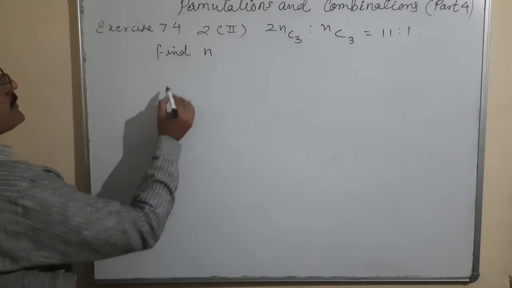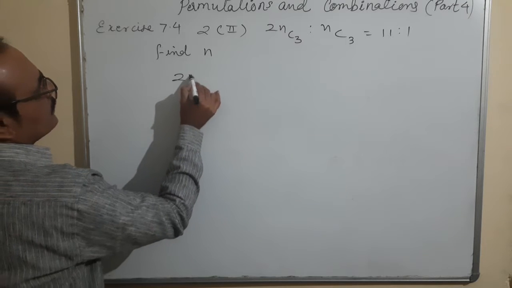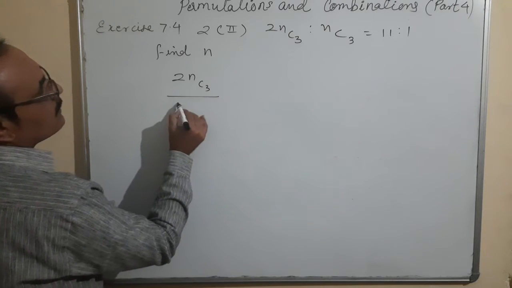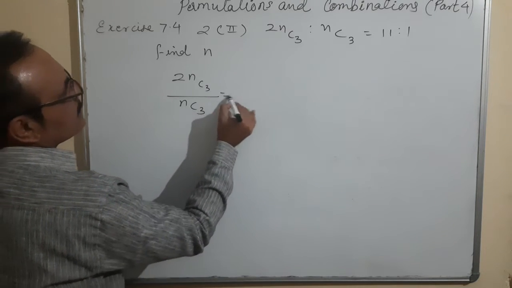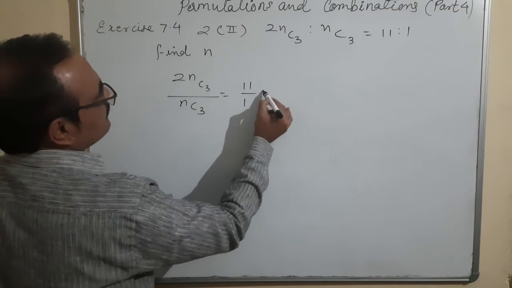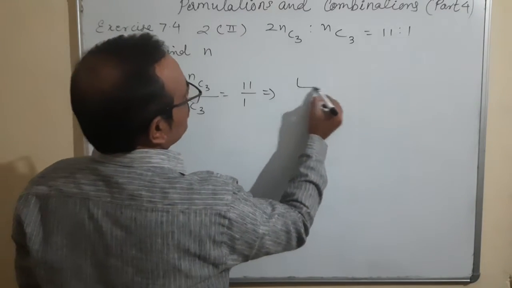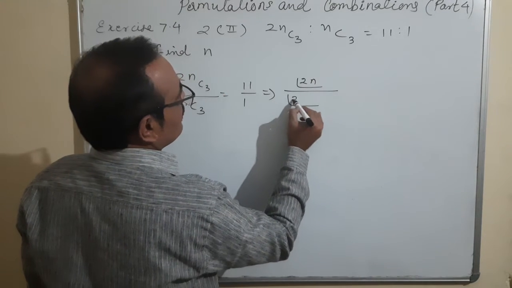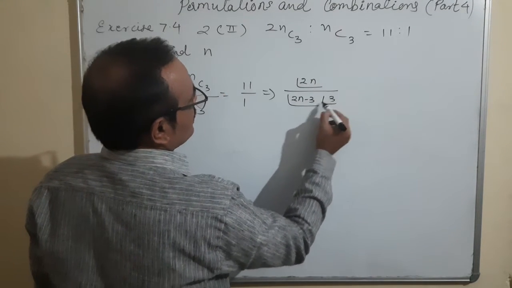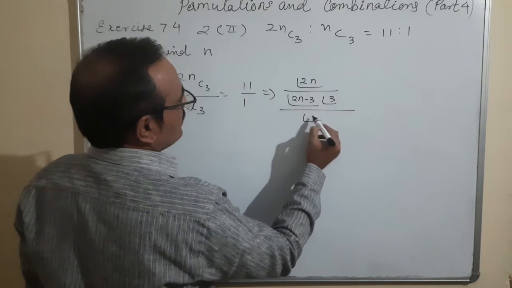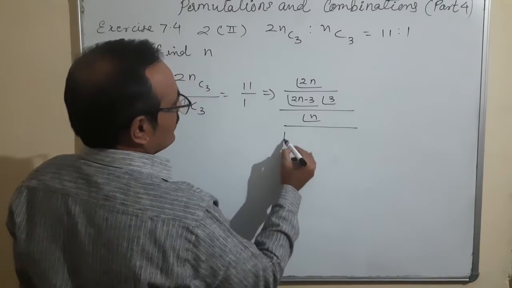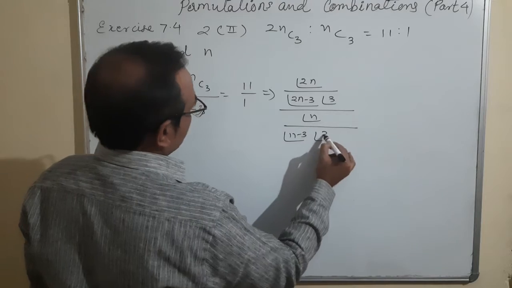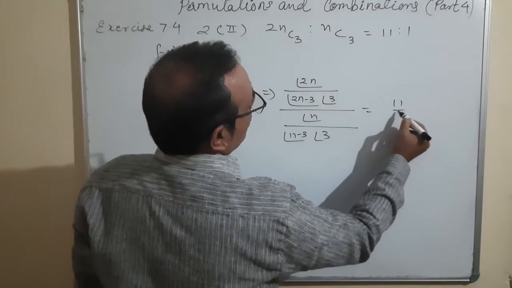So when I write this, 2nC3 upon nC3 is equal to 11 upon 1. This means factorial 2n upon factorial 2n minus 3, factorial 3, upon factorial n upon factorial n minus 3, factorial 3, is equal to 11 upon 1.